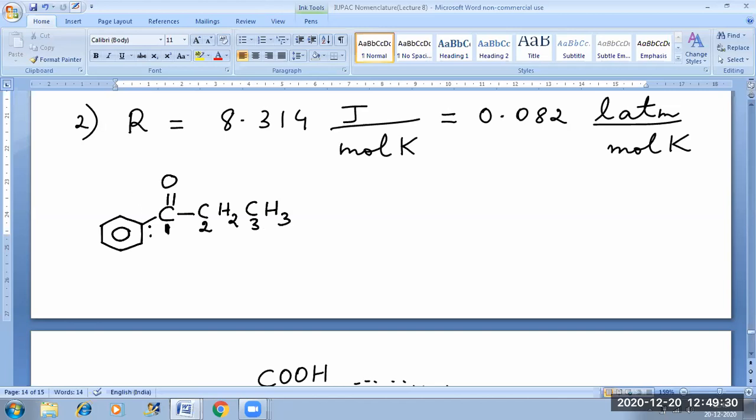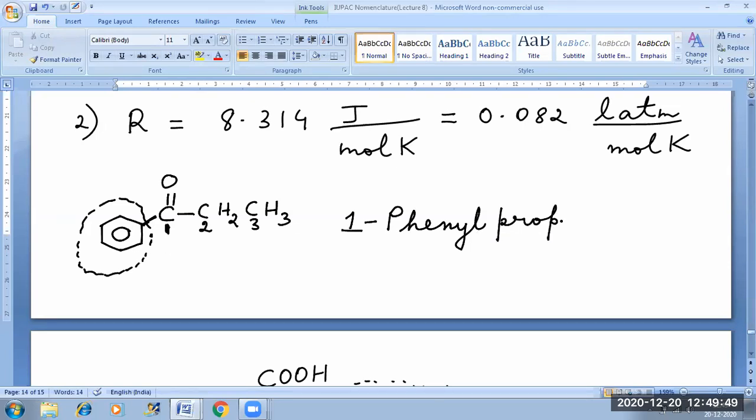So this entire compound is 1-phenyl, because at the first position you have this phenyl group attached. 3 carbon atoms, so prop.